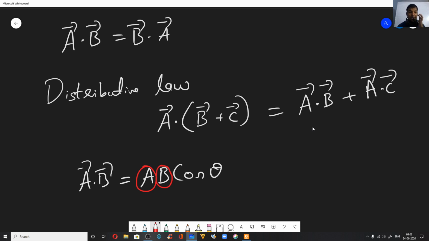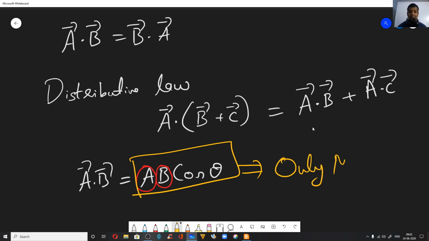There are no directional properties in the RHS, so there is no information on direction.